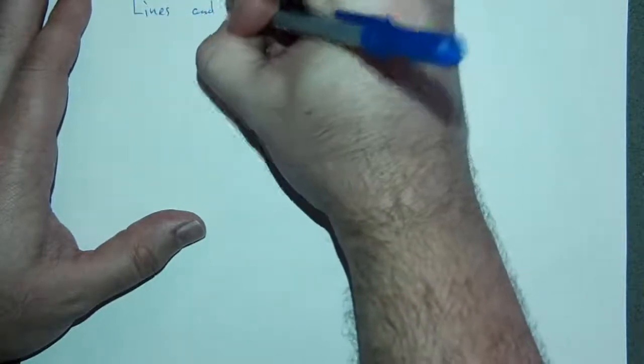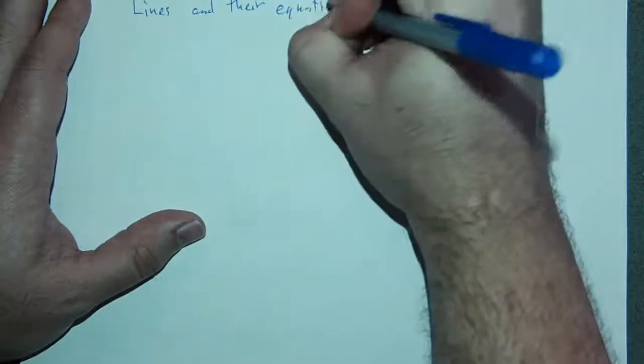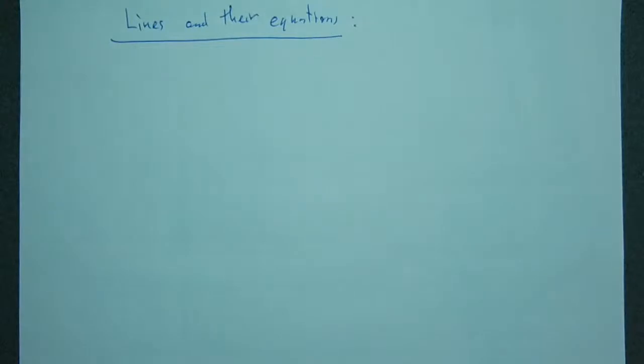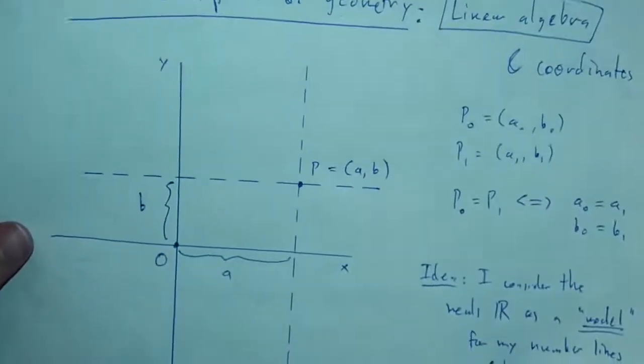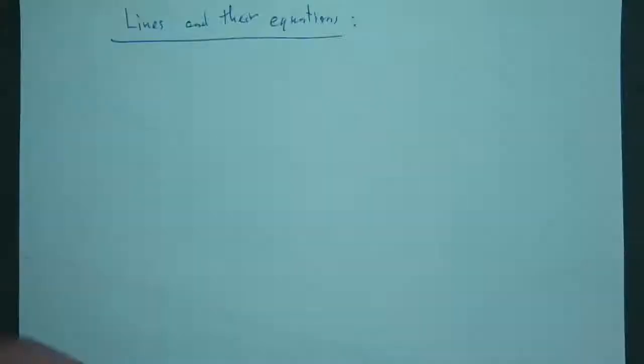When I talk about the basics of algebra, well, what's the first thing you did once you had a plane like this? Well, points are the basic objects. Here's how to describe points, and that's kind of all she wrote as far as how to describe points in the plane. All right, well, now lines. What about lines? So now we want to describe lines in the plane. How do we do that?